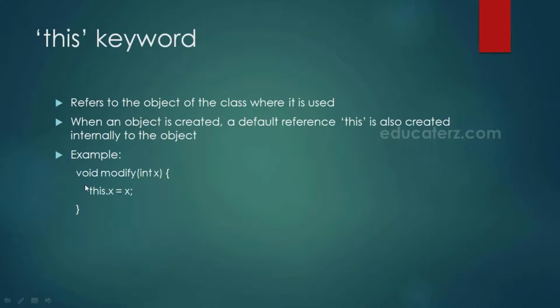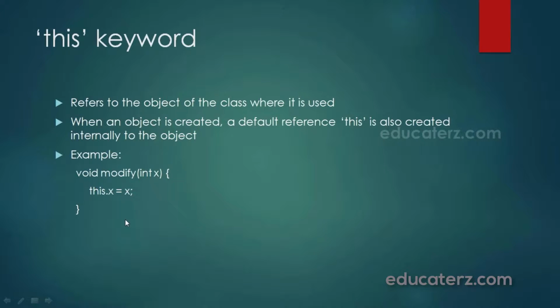Example is, you can look at this method void modify(int x), where this x is nothing but a local variable and this.x = x. So this.x refers to the instance variable and x is a normal local variable. When I say int x, the lifetime of x would be only within this method. It won't exist once the control goes out of the method.